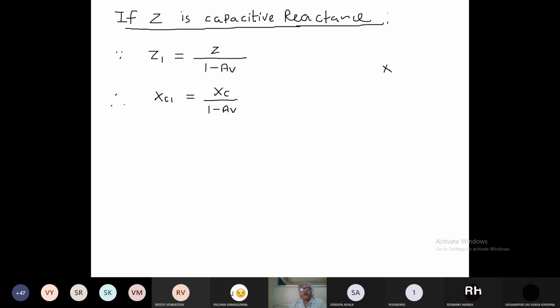So how do we represent XC? XC is the capacitive reactance, and this is 1 by 2 pi f C, the value of the capacitance, right? In this way we can represent this.